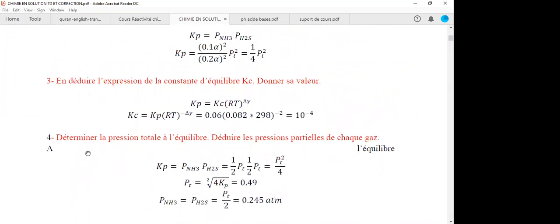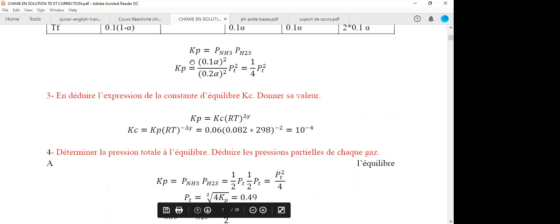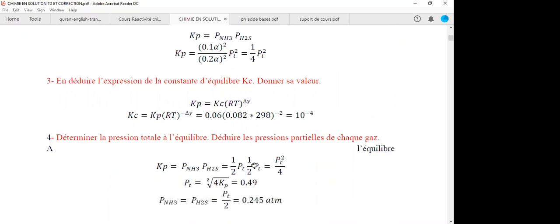So, the other question: determine the total pressure at equilibrium, and deduce the partial pressures of each gas. So we have this relation. Kp is given by total pressure squared over 4. Meaning we can just cross multiply. We have the value for Kp, so we just want to find the total pressure.